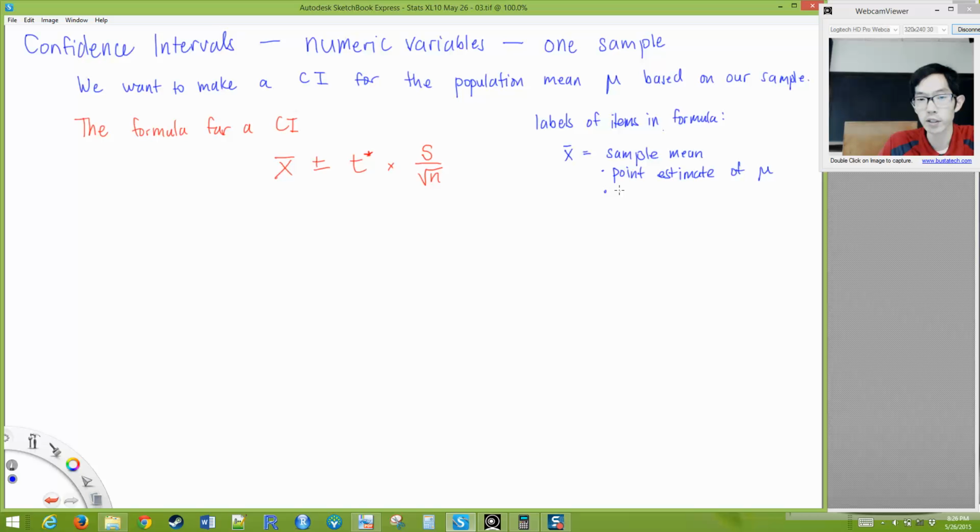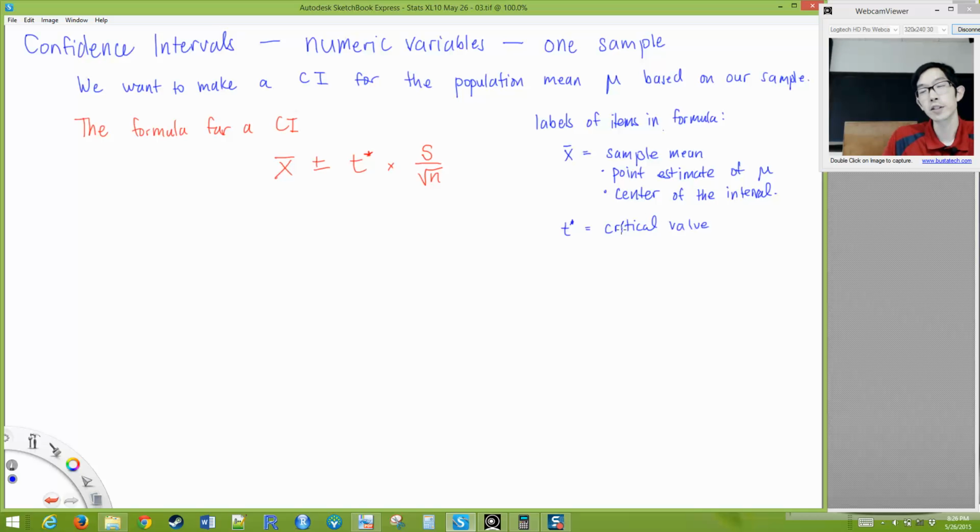It's also the center of the interval. So if I asked you, what is the center of the interval? The answer you would give me is the value for x bar. Okay, t star, this is our critical value.